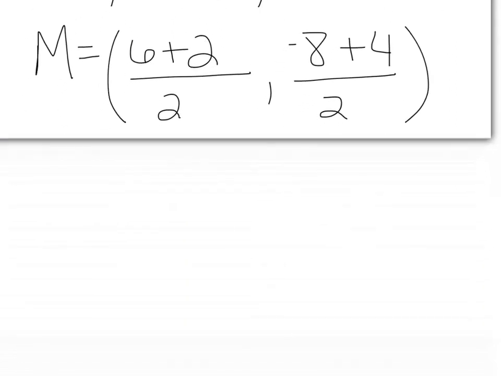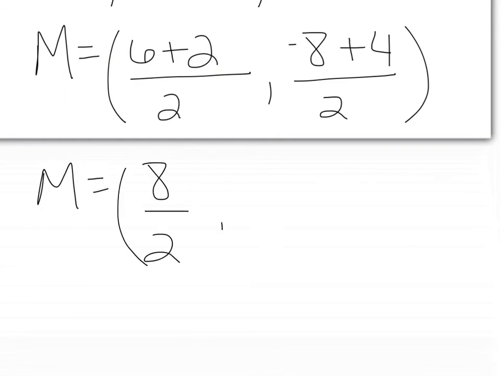Okay, now that I've plugged in all my numbers, let's clean it up a little bit. 6 plus 2 is 8 over 2. And then negative 8 plus 4 is positive 4. I'm sorry, negative 4. Negative 8 plus 4 is negative 4 over 2.